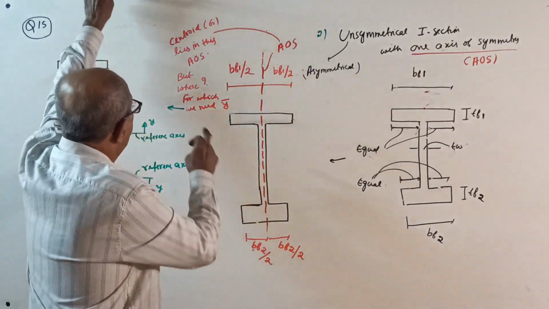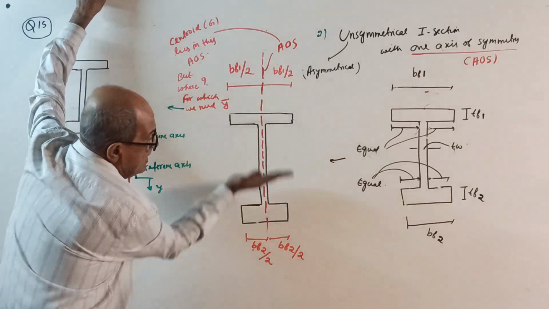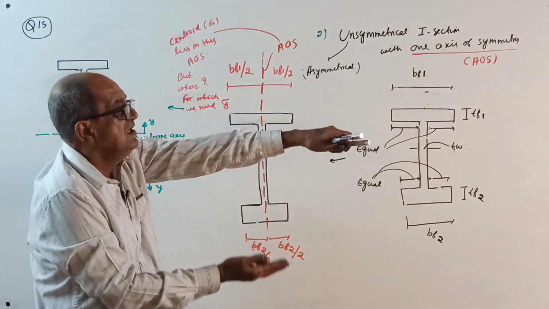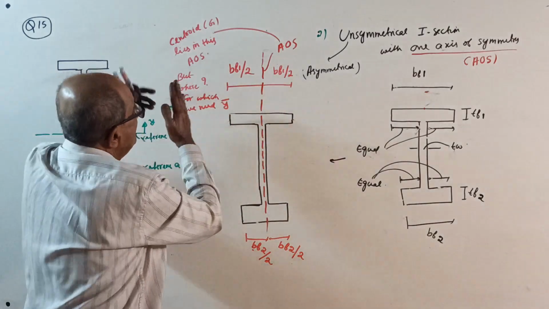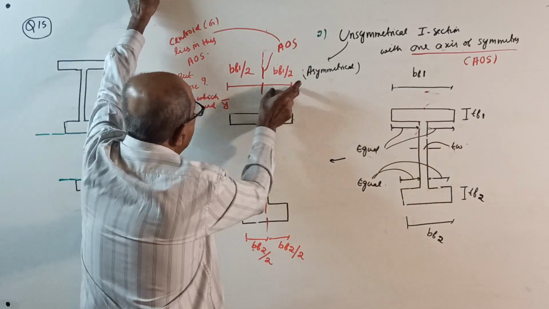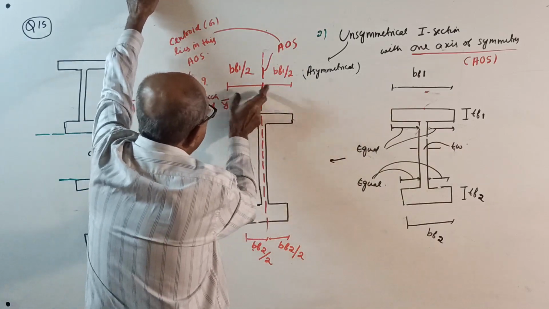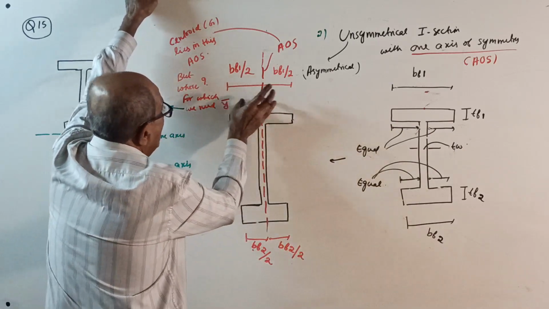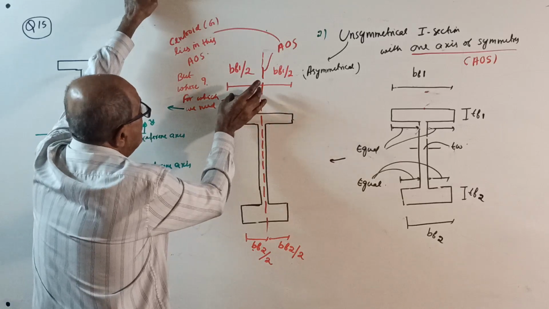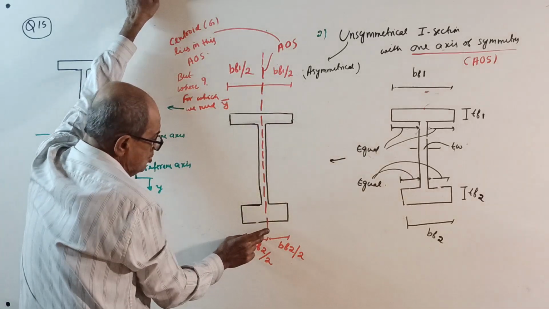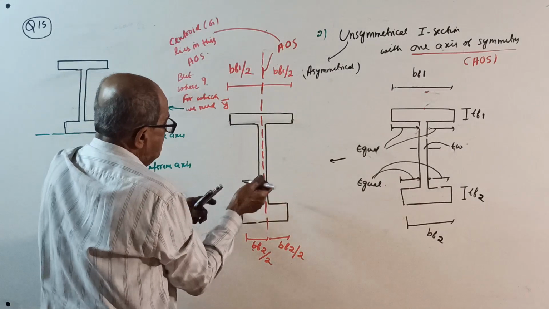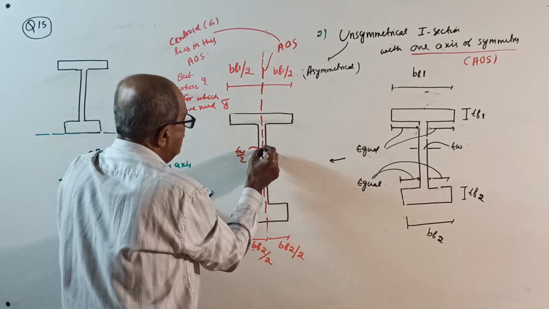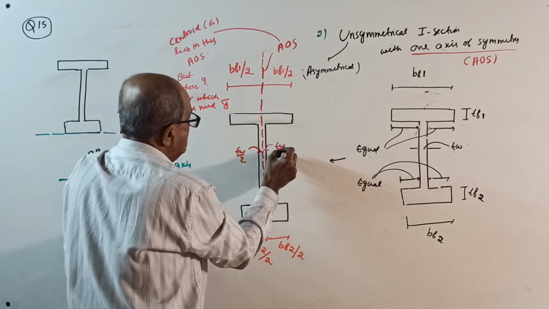But where? For that we need y bar. If you want to locate the centroid along this direction, the distance is not required, since both sides are equal: BF1 by 2, BF1 by 2, BF2 by 2, BF2 by 2, and TW by 2, TW by 2.